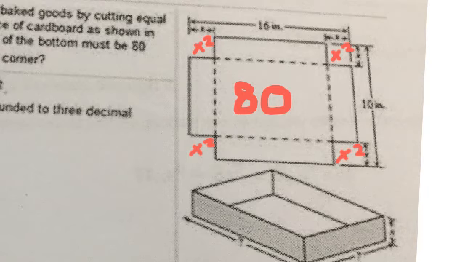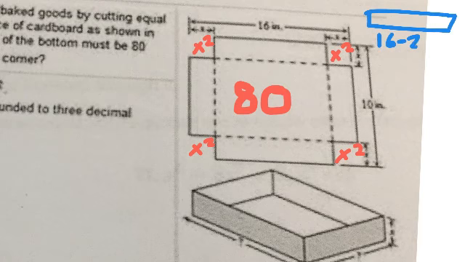Okay, now let's look at the sides. So this side length here used to be completely 16 inches, but we took off X here and we took off X here. So it was 16 in total, but we lost 2 X's. Whatever that value was, we're subtracting it twice. So the length of this piece, let me draw that out here, would be 16 minus 2x.